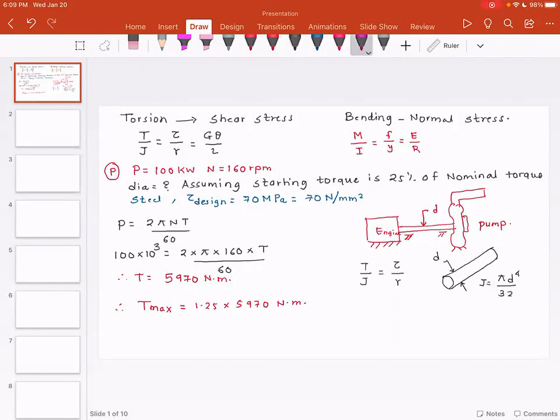Sometimes the problem says that we have to design a hollow shaft. In the case of hollow shafts, you have an outside diameter and an inside diameter. So you will have a D outside and a D inside.